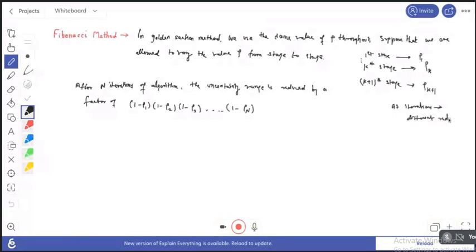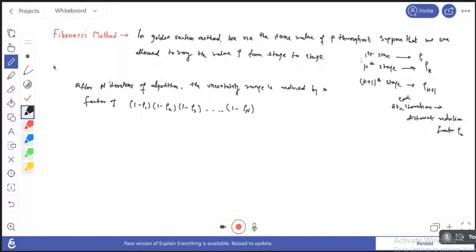So at each iteration you find a different reduction factor rho, that is rho of k for different values. And how can we find this value of rho k? This value of rho basically depends on the Fibonacci sequence. That's why this method is the Fibonacci method.